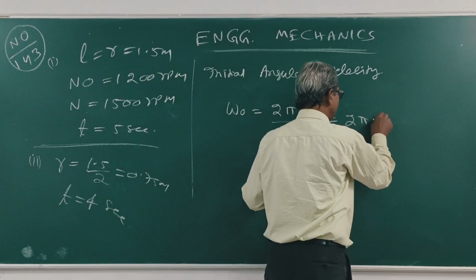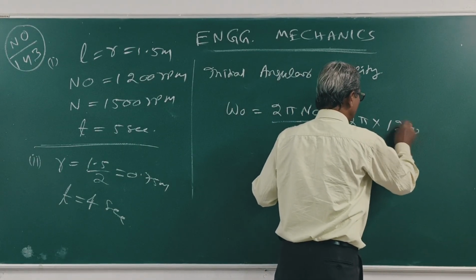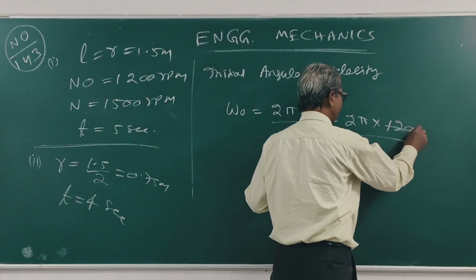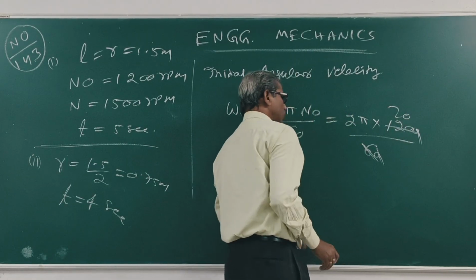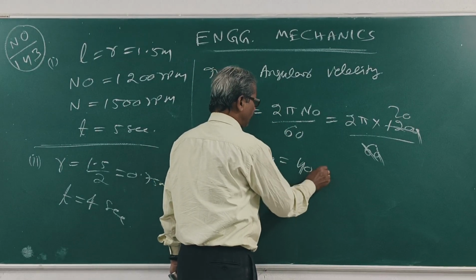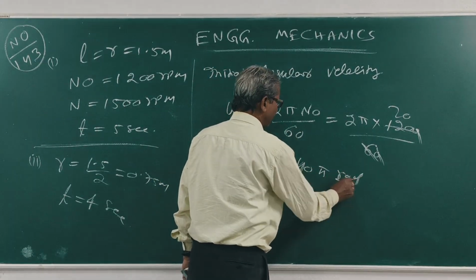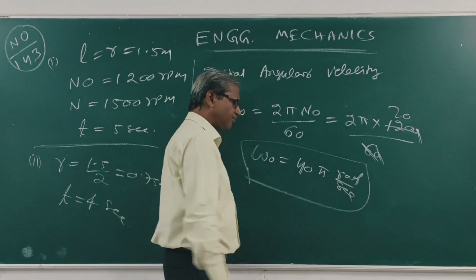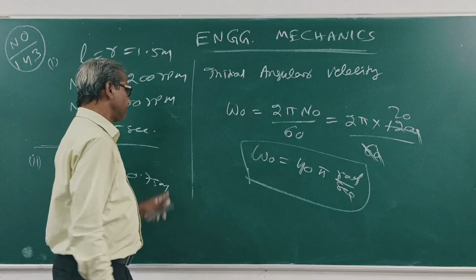So 2 pi into 1200 by 60, that is 20. So 40 pi. So omega 0 is equal to 40 pi radian per second. This is the initial angular velocity.